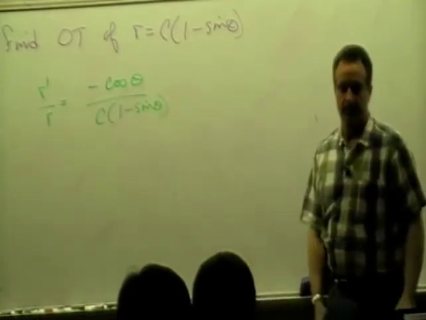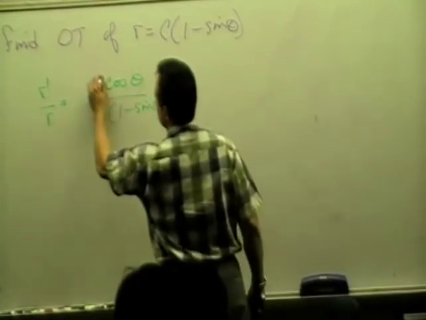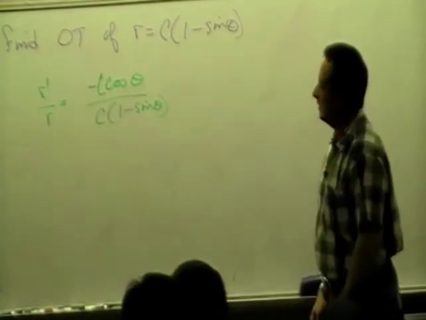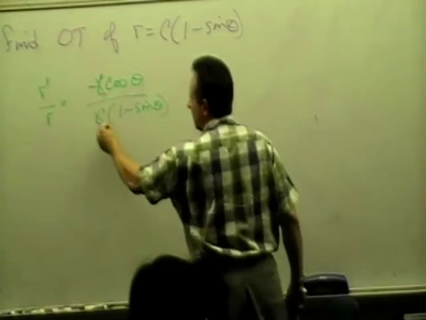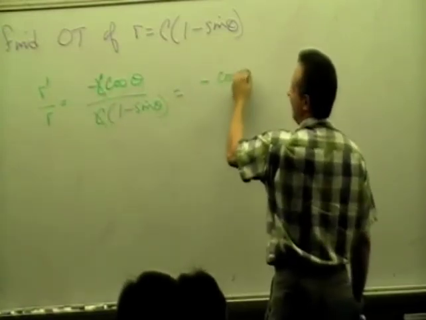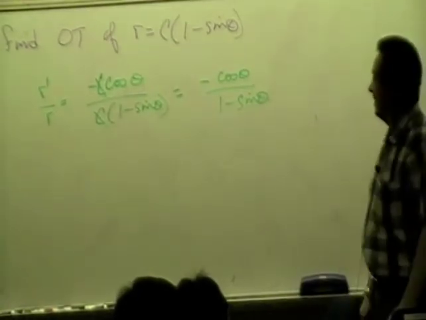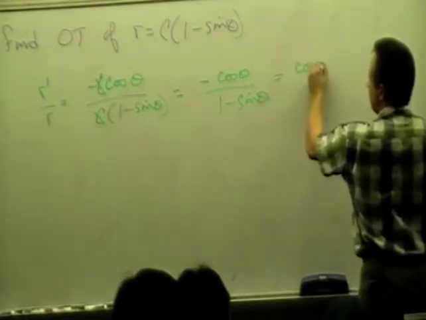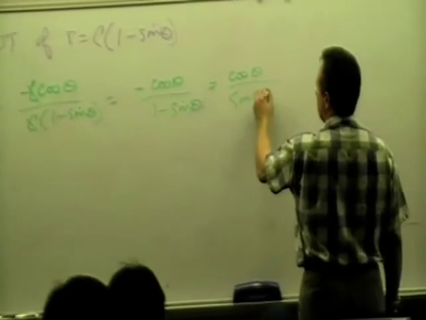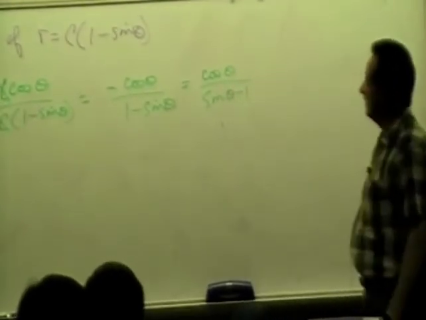Do you have a c? Oh, I'm sorry, there's a c still in there, isn't there? The c's cancel. Okay, so we have a minus cosine theta. Actually, let me write it like this. Cosine theta over sine theta minus 1. Get rid of that minus.